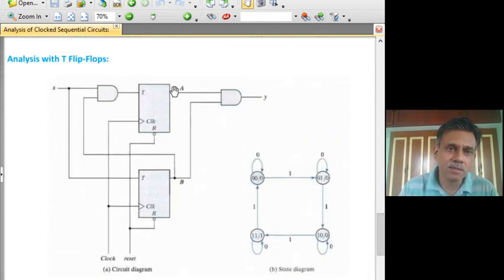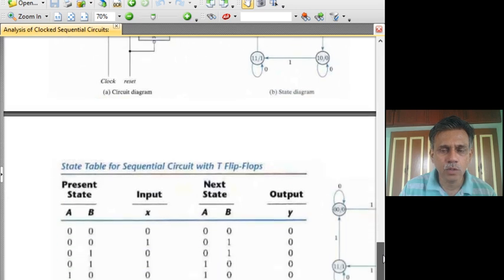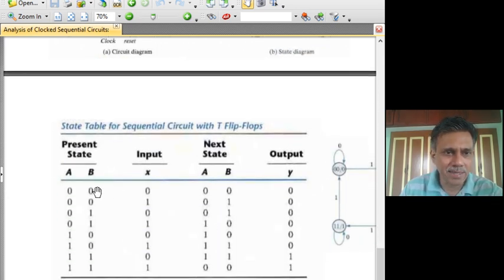And now coming to A plus. A plus is decided by the T input of A, TA. What is that? That is X and B. So now you have to look at X and B and redo the whole thing. When X and B is 0, you have to copy A and put it in A plus.